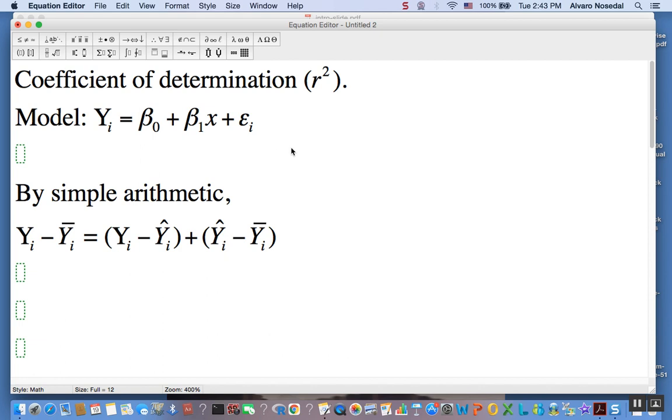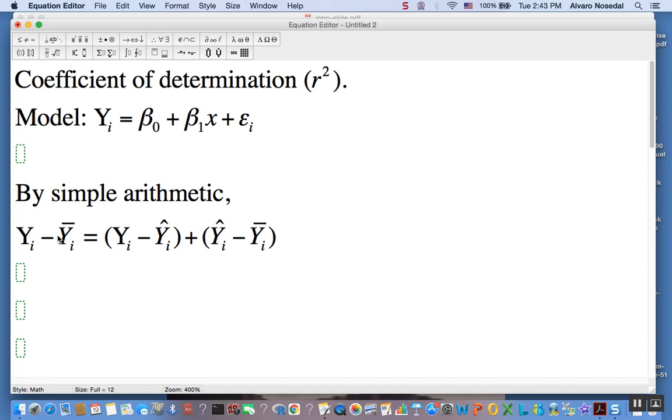Now, I want you to consider this deviation of an observation with respect to its mean. That deviation could be broken down into two deviations.